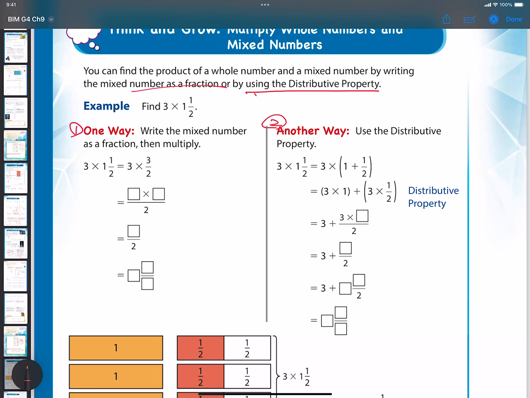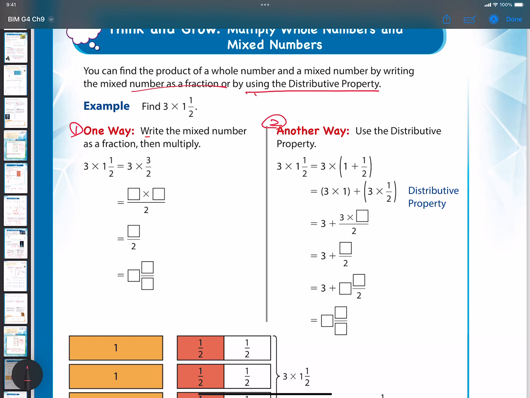All right, write the mixed number as a fraction, then multiply. So this one we are practicing what? We are going to convert this mixed number into a fraction, which means what? This one is representing 2 over 2. And then 2 over 2 plus 1 is 3. Or we were practicing this way.